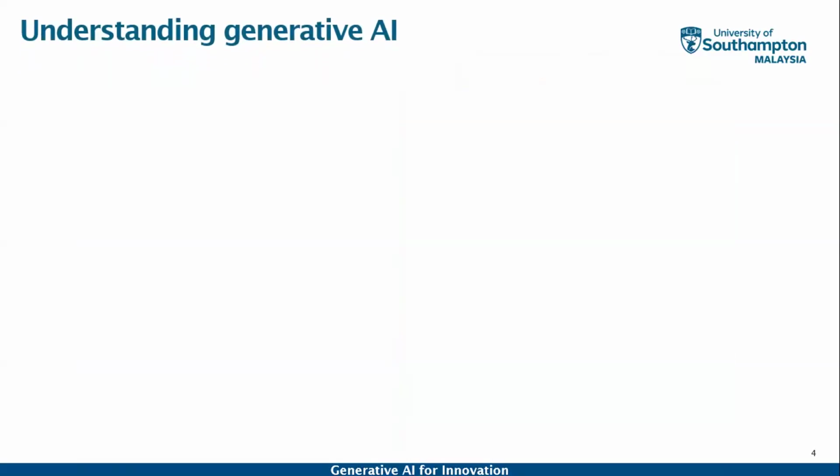Now, coming to the understanding of generative AI, here I covered the basic introduction just to get an idea about this. So what is generative AI? Sometimes some people may call it Gen AI, right? But actually its name is artificial intelligence that can create original content.